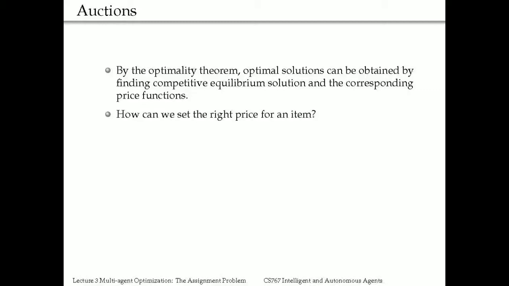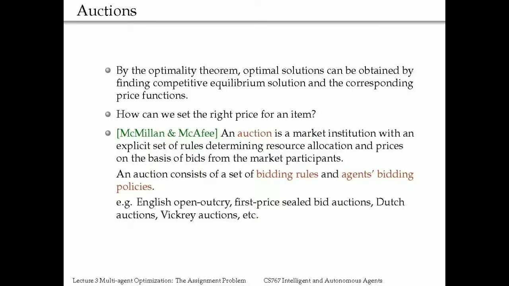And one of the mechanisms that humans use to determine the price of items and the allocation of the items to the market participants is auction. So we could, for example, design a set of procedures which mimic the procedure of auctions in real life, and we would like all the agents to follow this procedure, and eventually, hopefully, it will arrive at the competitive equilibrium that we want.